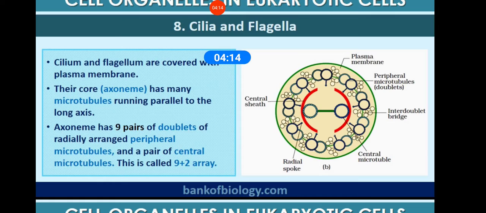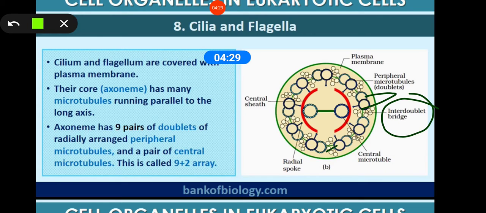Fine. And now you can see over here what more things you are observing, that this is a doublet, 1 2. So these are the doublets, and these doublets are joined by a green colored rod that is called the interdoublet bridge, and inside it has a central sheath, and there is a radial spoke, you can see, by which they are connected with the central sheath.